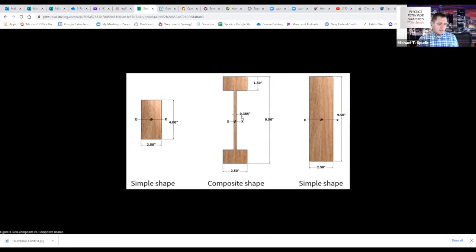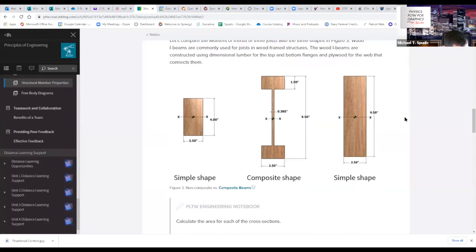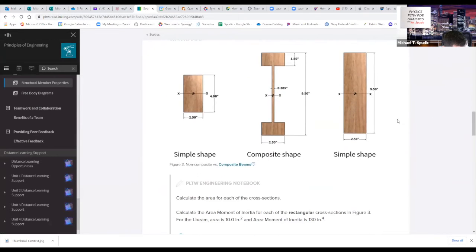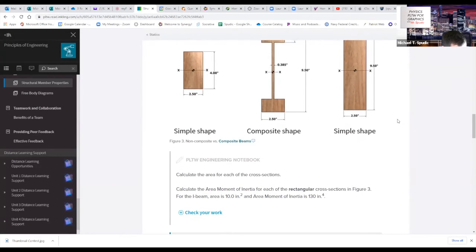All right. So what I would like you to do is this. Wait, not yet. We want to get the area for the cross sections.